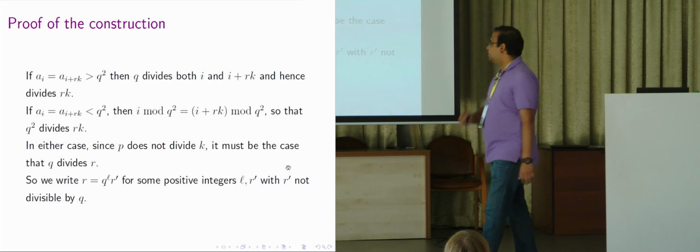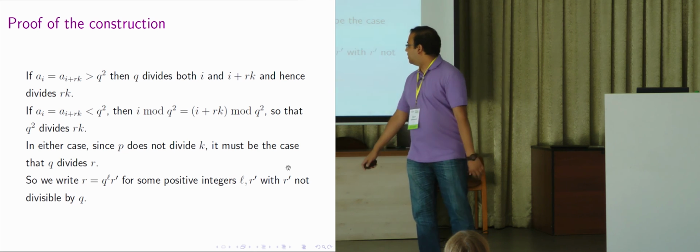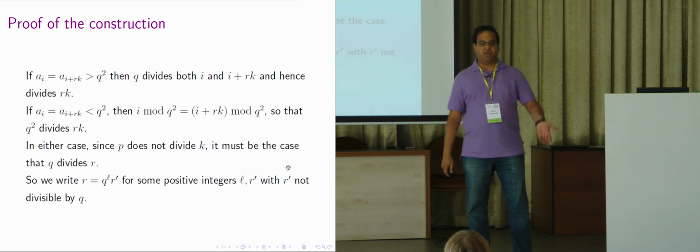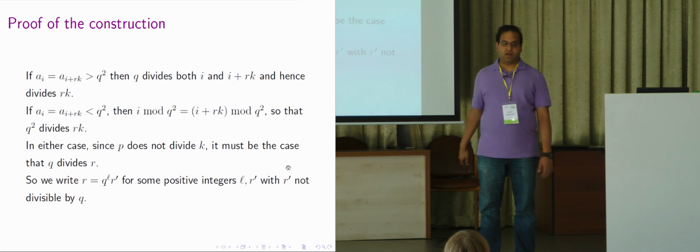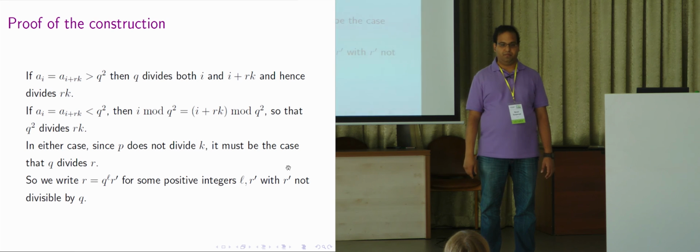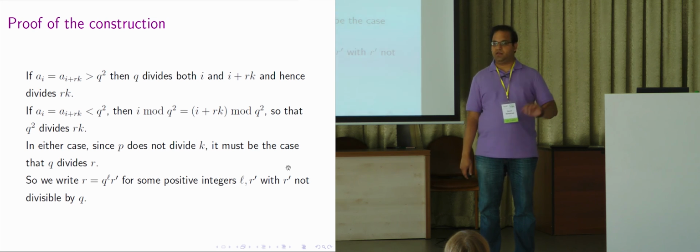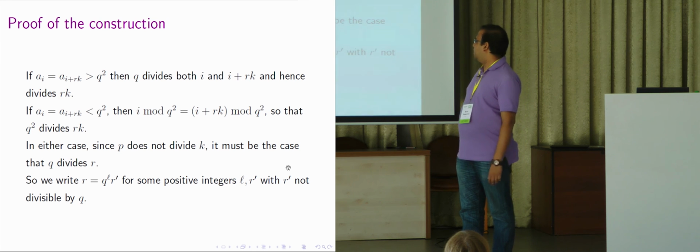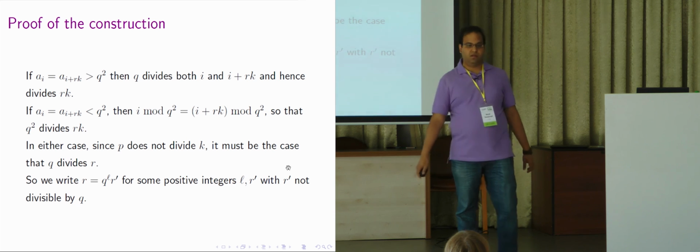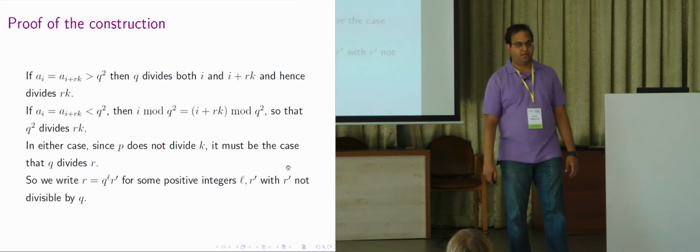In one case, if it has a value bigger than q squared, then that was because i and i plus rk are divisible by q. That was one case of the construction. In the other case, if these are smaller than q squared, well then the construction said that these things must be congruent mod q squared.